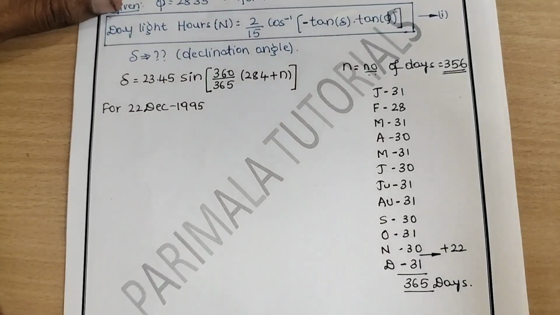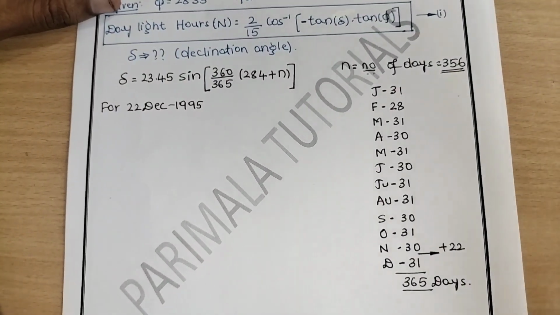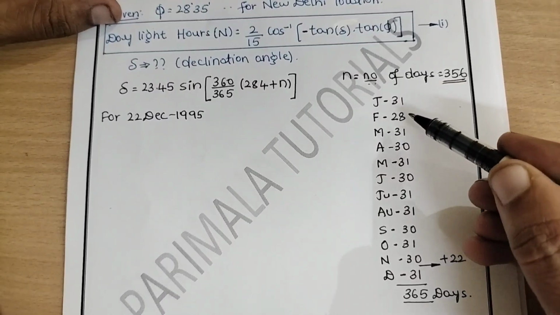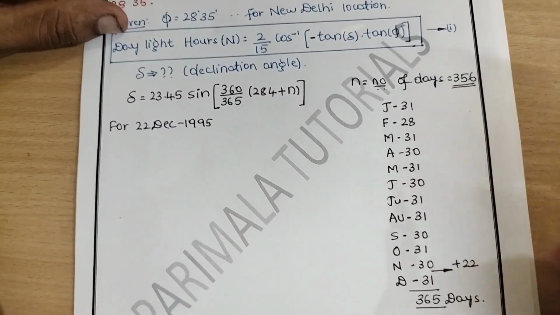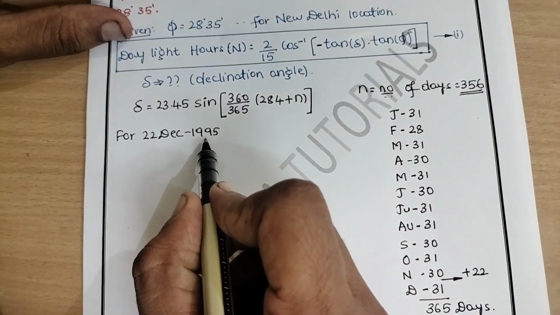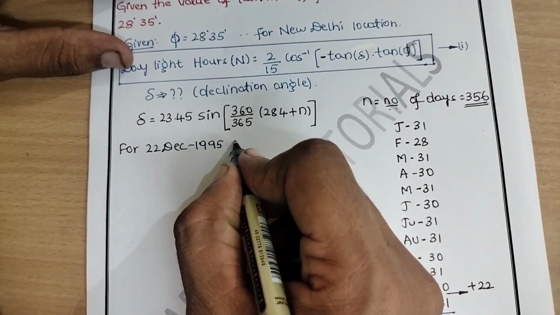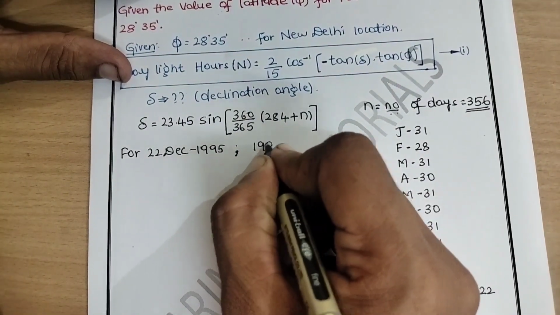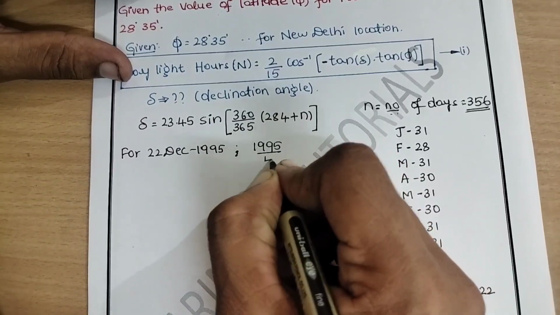Yes, now a question may arise to you people, what happens if it is the case of leap year? So that we should consider +1 here for the month of February. For that case only the year 1995 is given. How to check whether the 1995 is a leap year or not? So 1995 divided by 4.